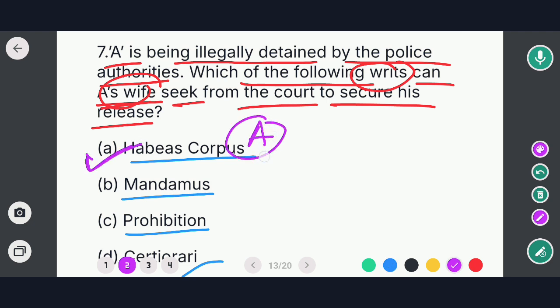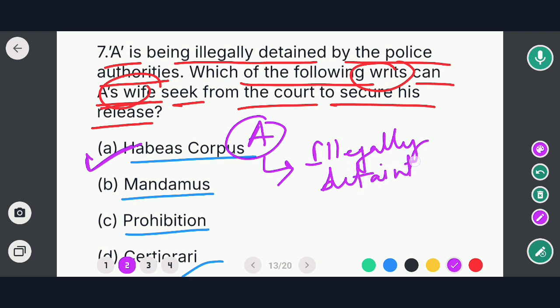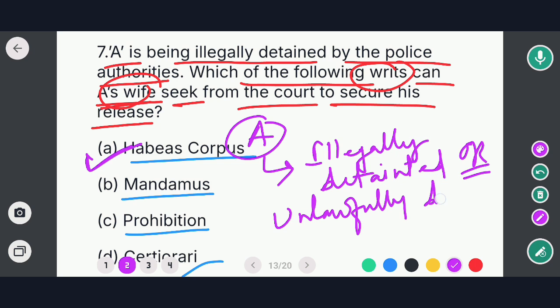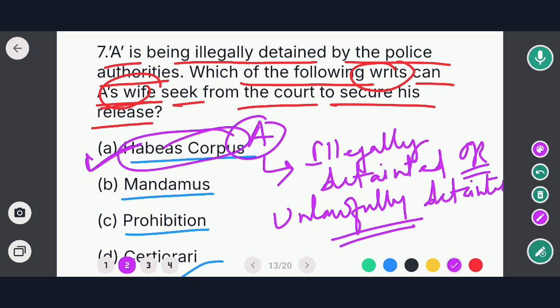That means if any person is illegally or unlawfully detained, then in that case the writ of habeas corpus can be issued to release that person, and that writ can be filed either to the High Court or to the Supreme Court.